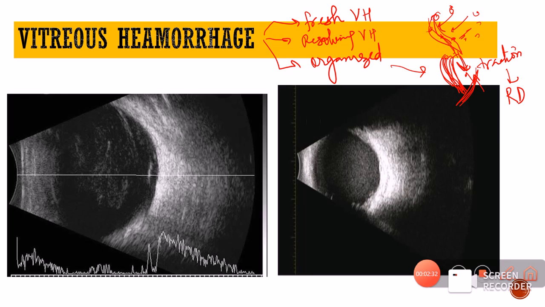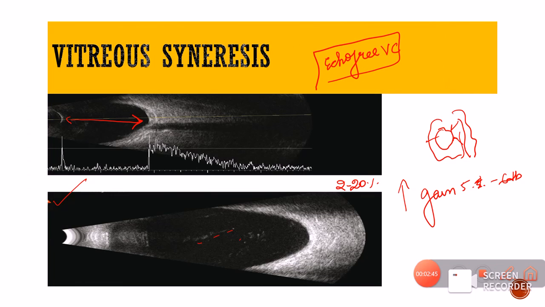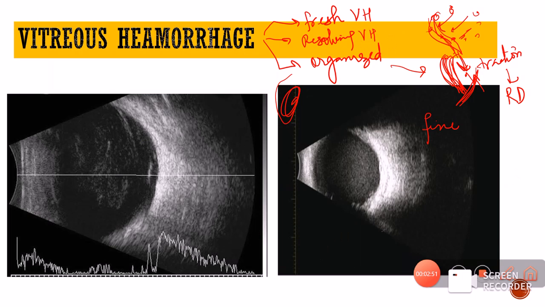Now, in this picture over here, the second picture, we can see multiple fine dot-like echoes, right? And these are very fine. If you compare them with the vitreous degeneration that we saw, vitreous degeneration was still irregular. They were not very homogeneous and they were a little bit bigger compared to the fresh vitreous hemorrhage echoes that you see over here.